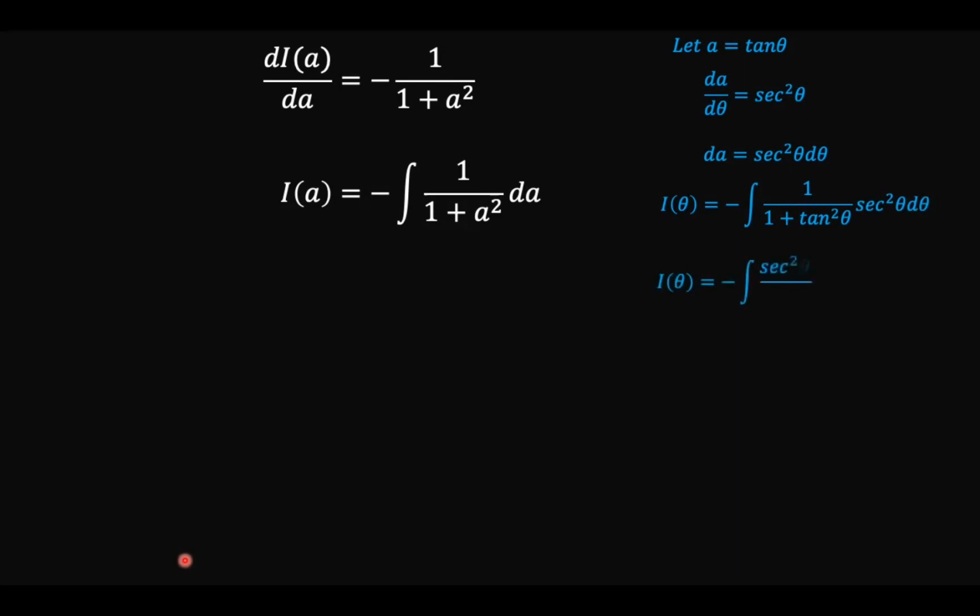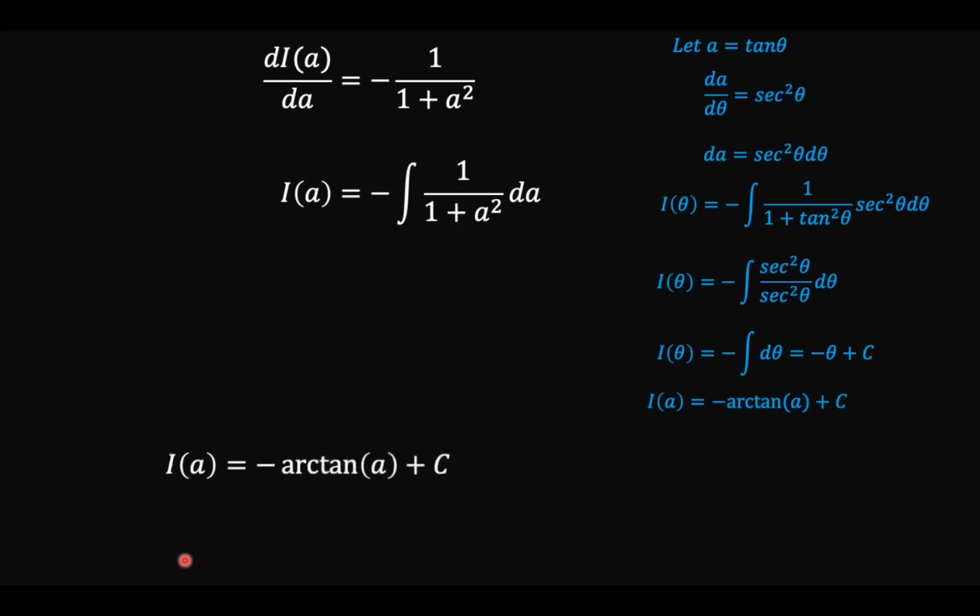So I is negative sec squared theta over sec squared theta, and that is the negative integration of d theta, which is negative theta plus c. Since a is equal to tan theta, theta is the arctangent of a, and therefore I(a) is essentially negative arctangent of a plus c.